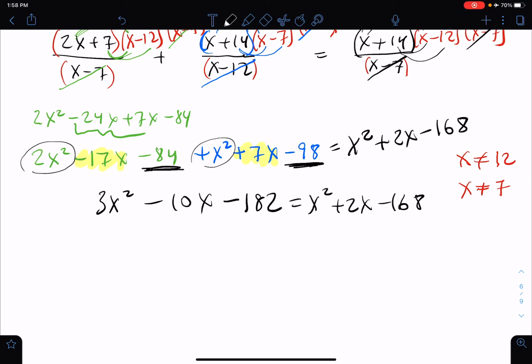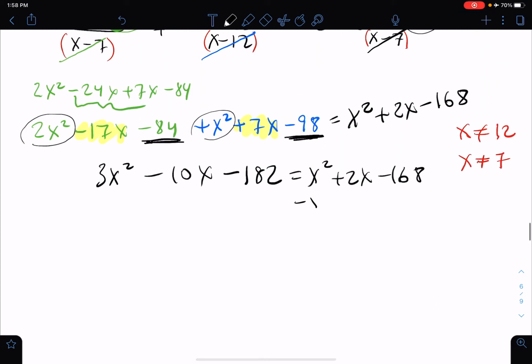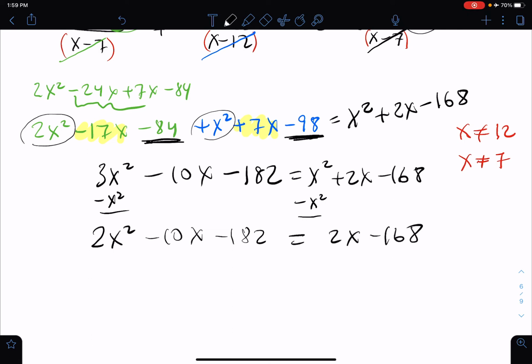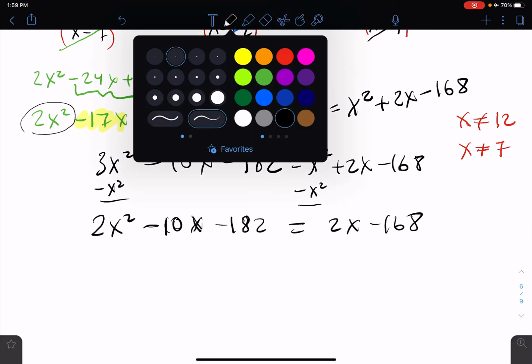Okay. How much space do I have? Oh, lots of space. Okay, so we're going to subtract x squared on both sides. 2x squared minus 10x minus 182 equals 2x minus 168. Now, instead of just writing many steps, I think at this step I'm tired of writing this over and over again. So I'm going to do this in one step.